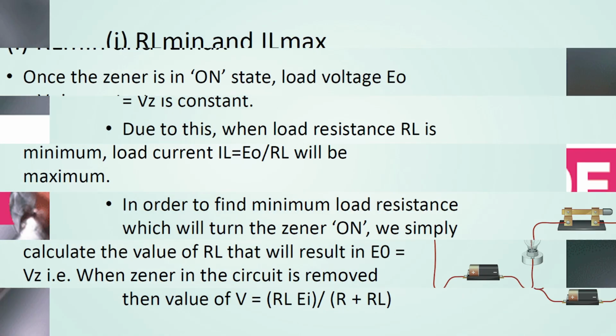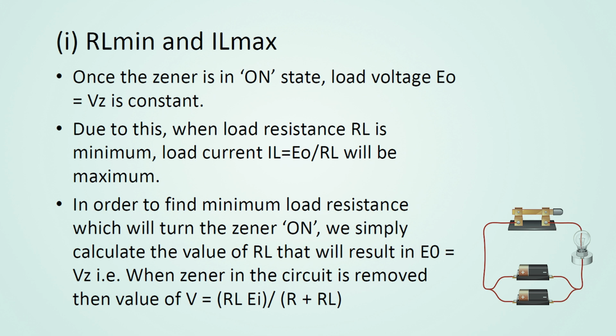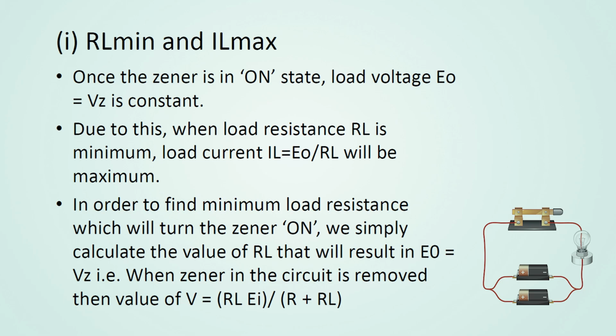Let us discuss the first condition, that is, when the resistance is minimum and the current is maximum at the load side. Once the Zener is in the on state, the load voltage E naught will be equal to Vz, which remains constant. So when load resistance RL is minimum, the load current IL equal to E naught upon RL will be maximum.